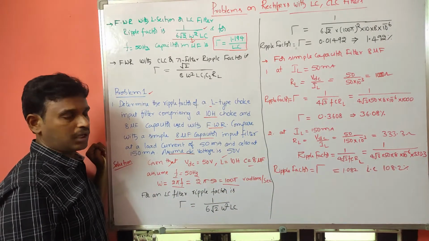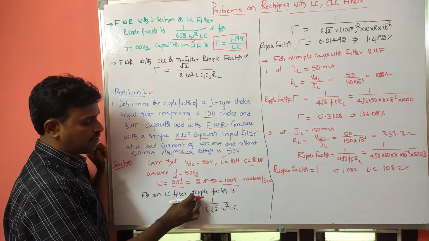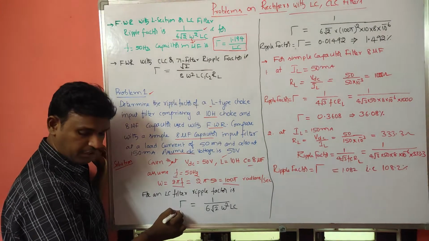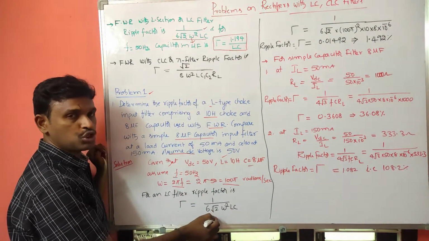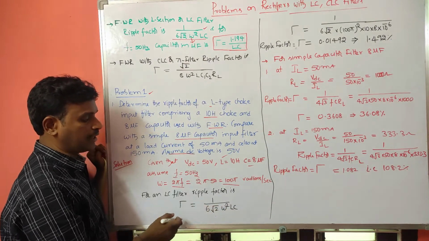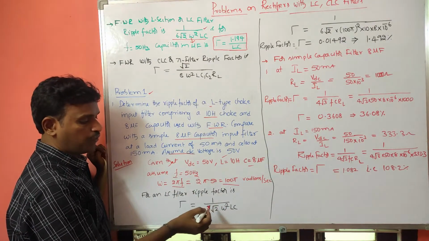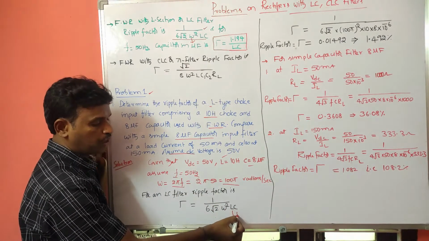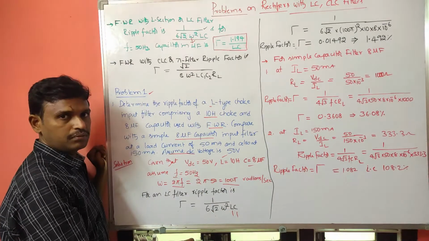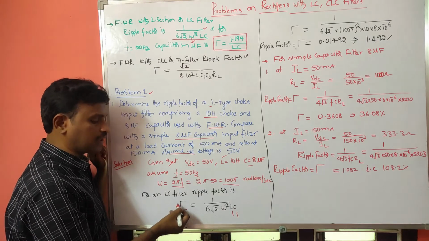Now what we have to calculate, we know that for an L section filter or LC filter, the ripple factor is 1 by 6 root 2 omega square LC. So here we have calculated already omega. We know the L value and we know the C value, and directly we can substitute this omega value so that you will get the ripple factor.